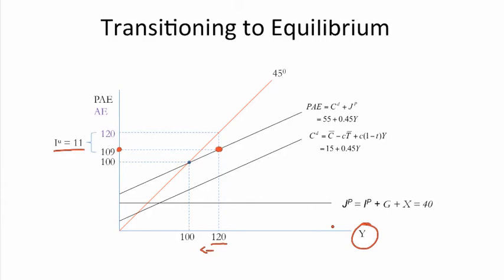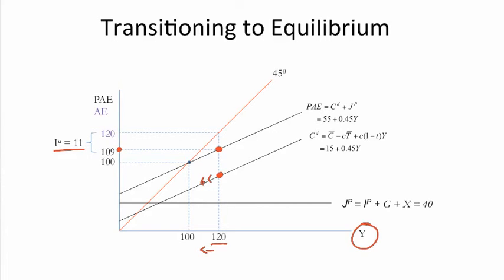What happens in this framework when income falls? Well, with an income of 120, that's where we are on the consumption function. As income falls, households revise their consumption downwards, and that's shown by a movement down and along the consumption function. Put simply, households find their income falling, and therefore they cut back on their consumption.